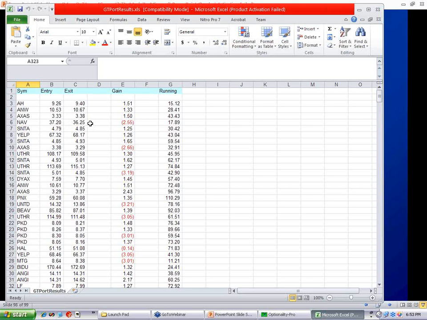The rule that I programmed it for, and these are all for 3-day time frames by the way, is that if it gains 1.5% or better, close it out as a win. If it loses 3%, close it out as a loser. Or if the 3 days pass, close it out, win, lose, or draw.